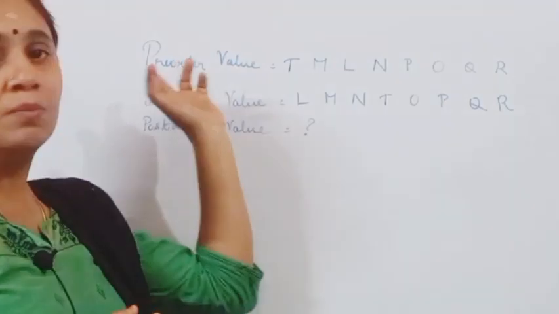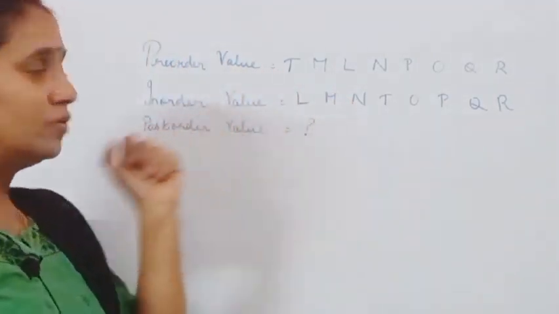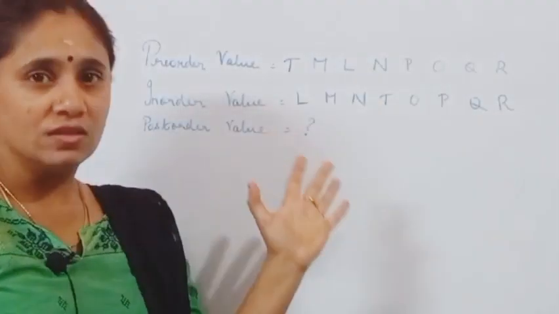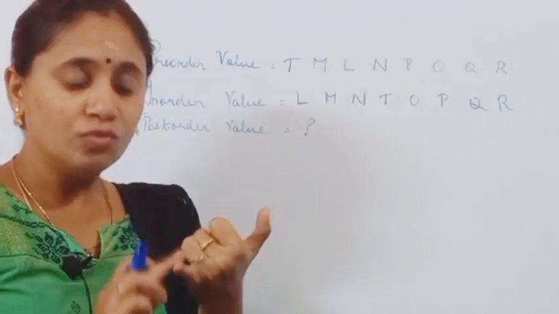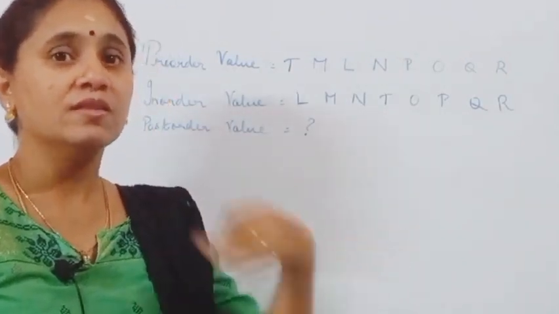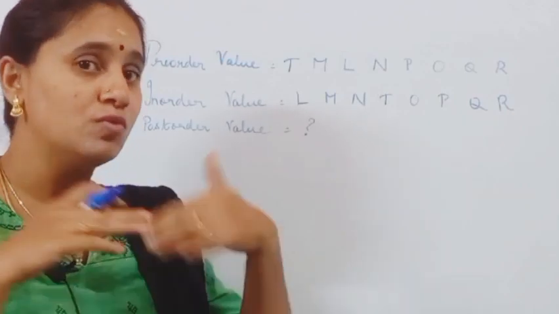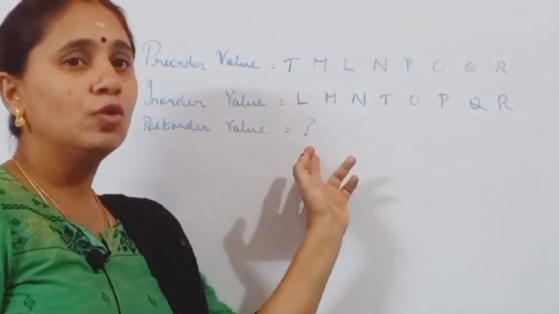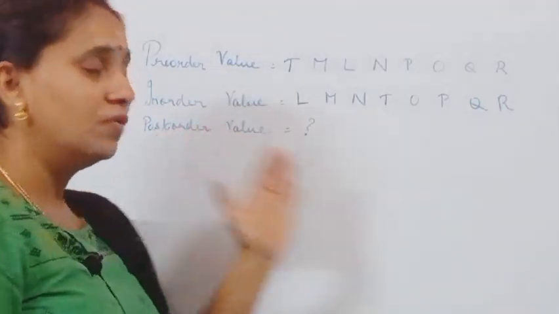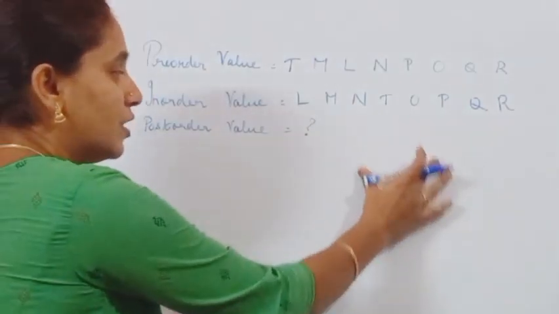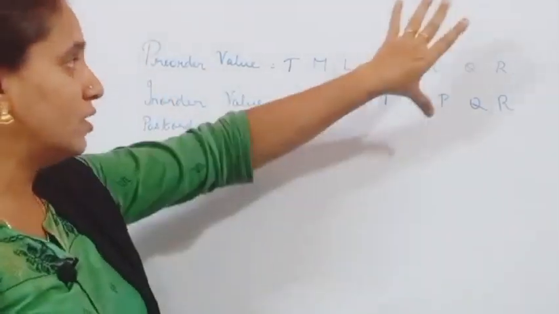See, the pre-order value is given and the in-order value is given. From these two, I have to find the respective post-order. Before solving this, please watch how to find the pre-order, post-order or in-order traversal, which I have explained in the previous videos friends. If you understood, you will be able to solve this. To find the pre-order or post-order value, first you have to draw a tree based on the given values.